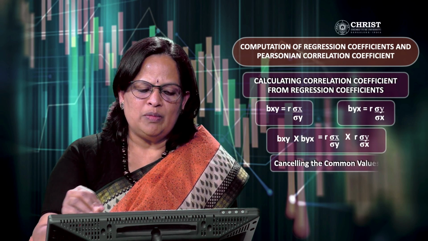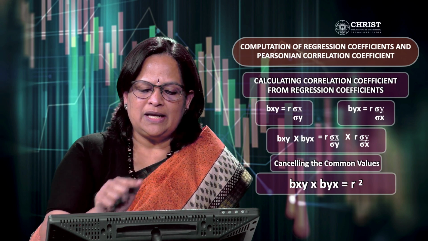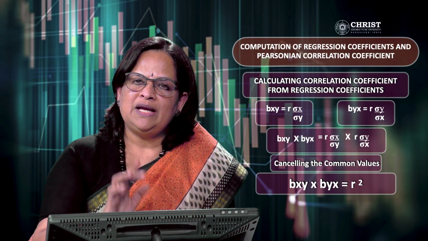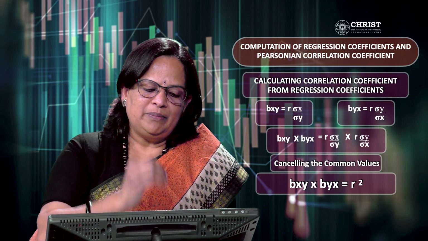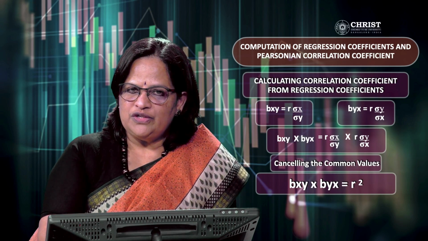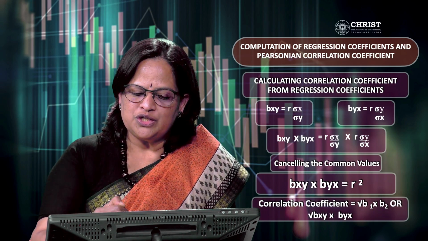When you cancel the common values, sigma x and sigma x will cancel, sigma y and sigma y will get cancelled. So you are getting bxy into byx is r square. Correlation coefficient is therefore the square root of b1 into b2, meaning the square root of the product of the regression coefficients.